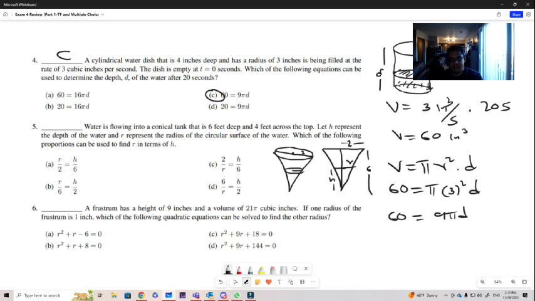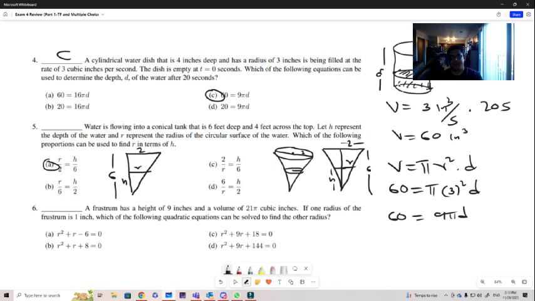So I can make a relationship between the two triangles. I have r and h, and I have the big height that is 6, and the radius that is 2. So given that relationship, we have that r is to 2 as h is to 6.